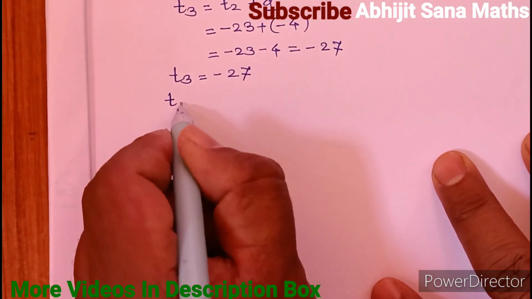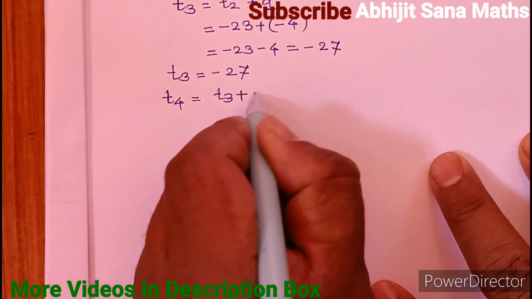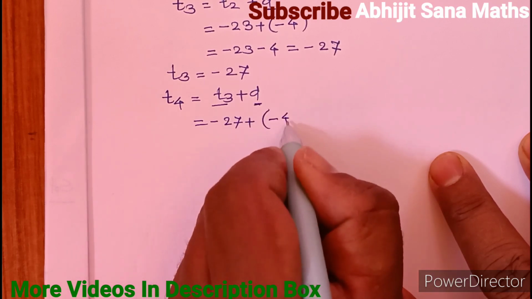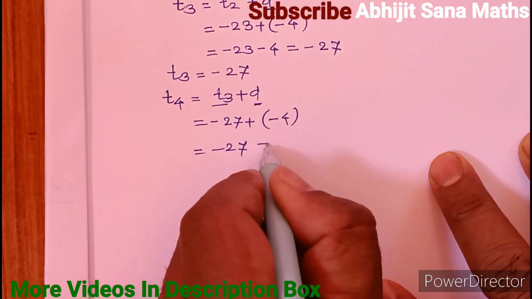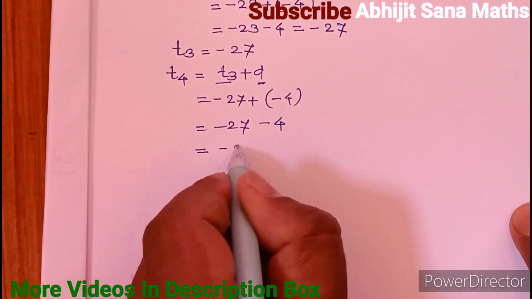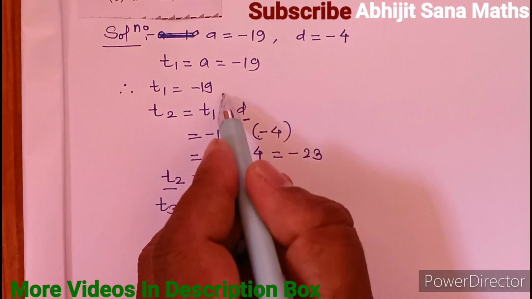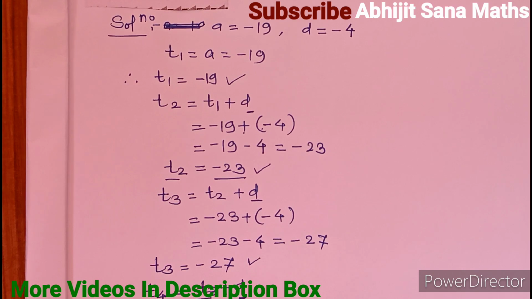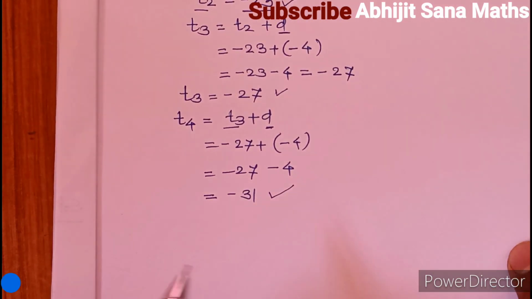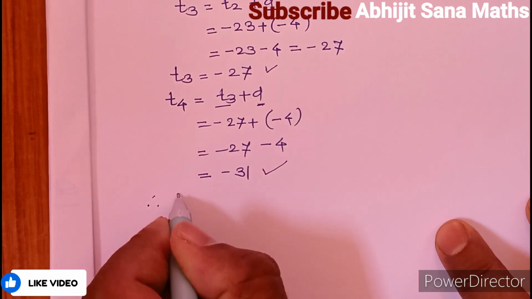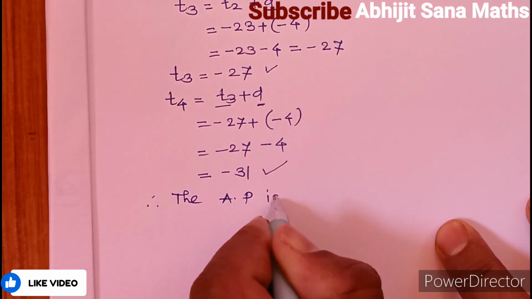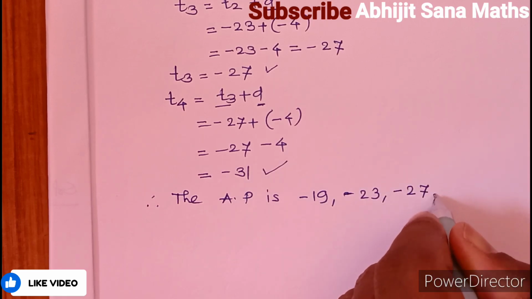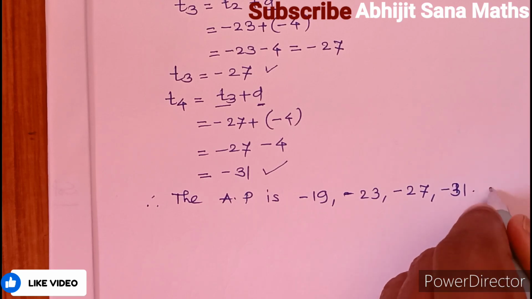Now we are calculating t4, that is t3 plus d, equals the value of t3, minus 27, plus the value of d, minus 4, equals minus 27 plus minus minus 4 equals minus 31. Here we get the values of t1 which is minus 19, t2 is minus 23, t3 is minus 27 and t4 is minus 31. Therefore the AP is minus 19, minus 23, minus 27, minus 31.